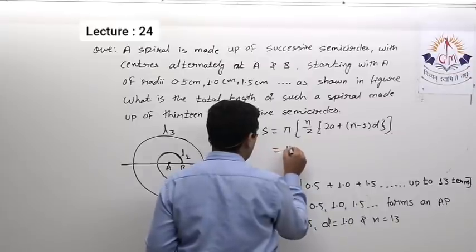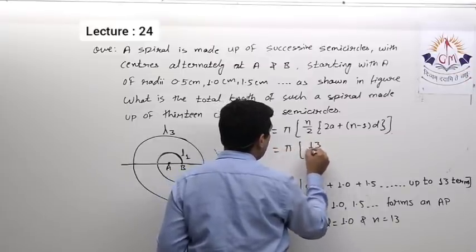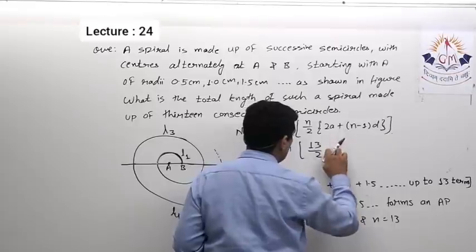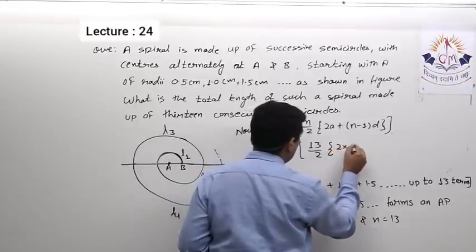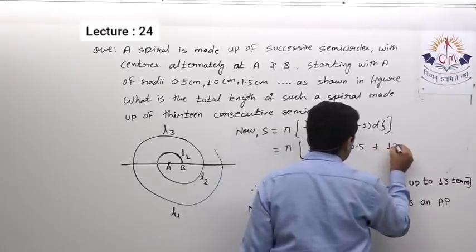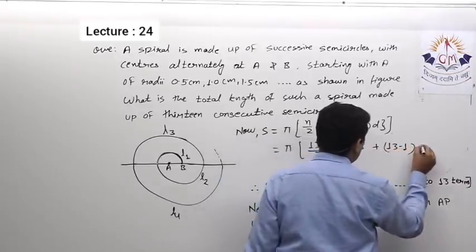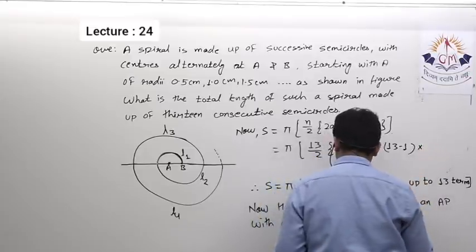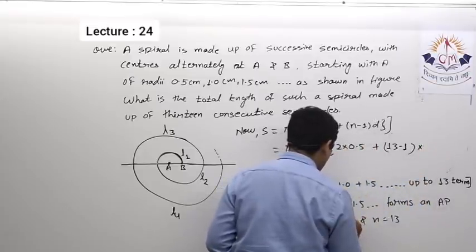Now I will put the values. So 13 by 2 into 0.5 plus 13 minus 1 into 0.5, d is again 0.5 here.